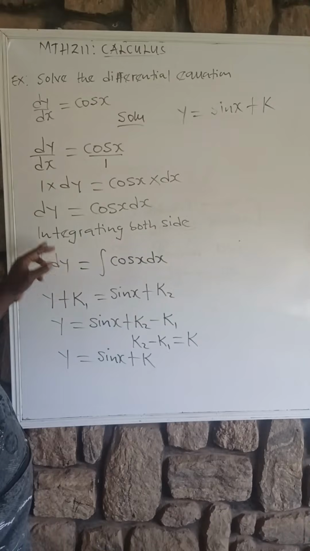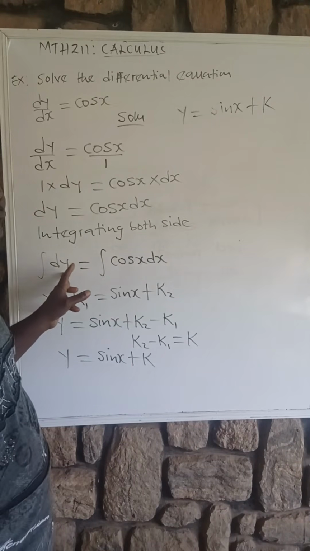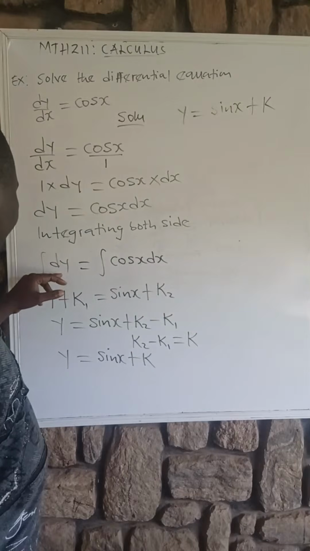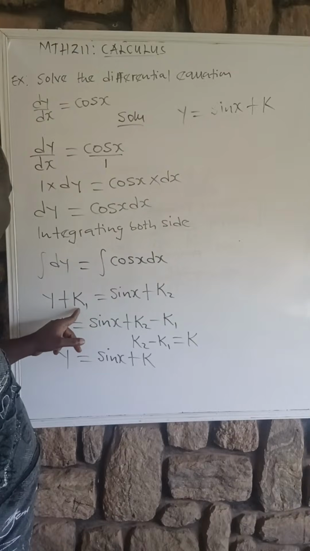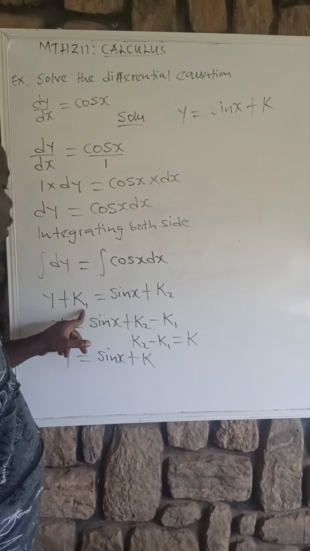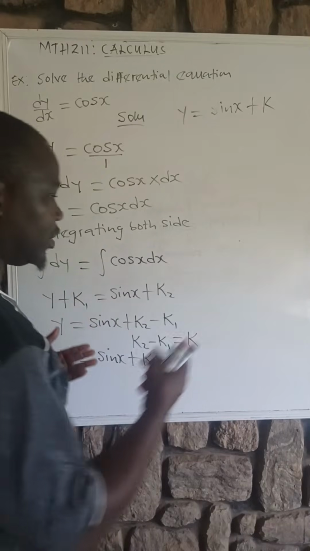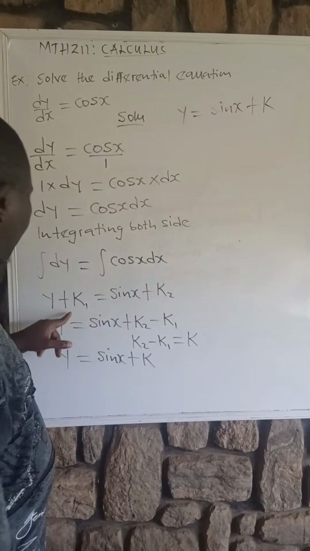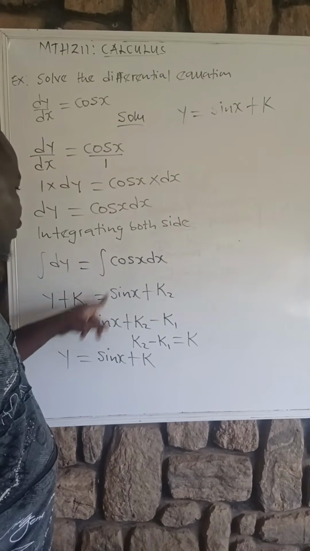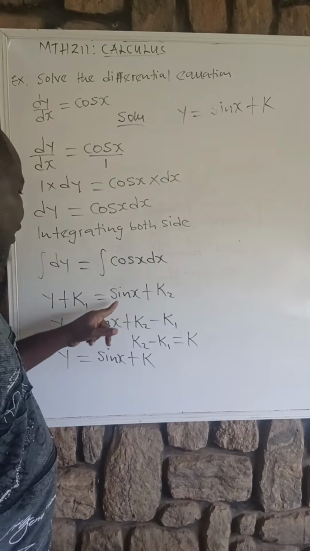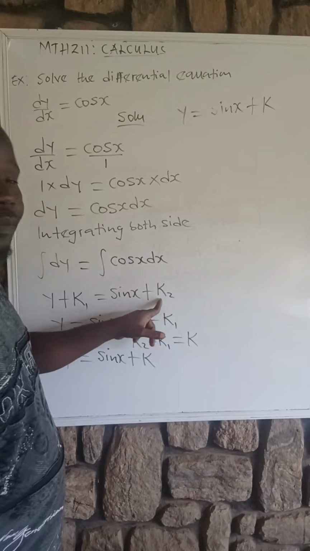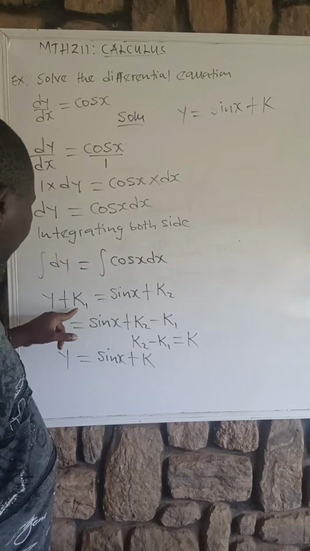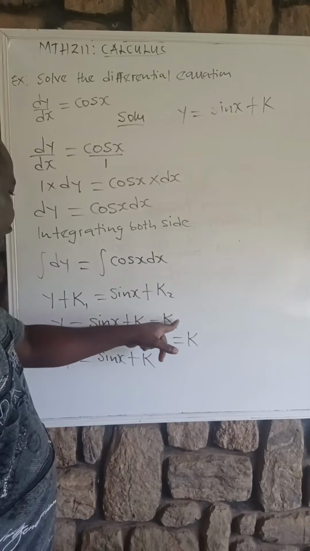We know that when you integrate any function, you are supposed to have a constant, true or false? So as you integrate dy, you are going to have y plus k, true or false? But we are looking at both the right hand side and the left hand side. We are integrating both sides. So we now call this one k1 equals to the integral of cos x dx. We are going to have sine x plus what? k2. So now we take this k1 to the right hand side.